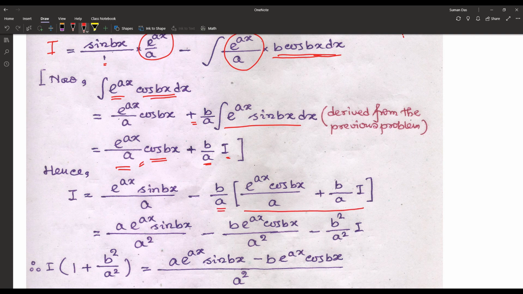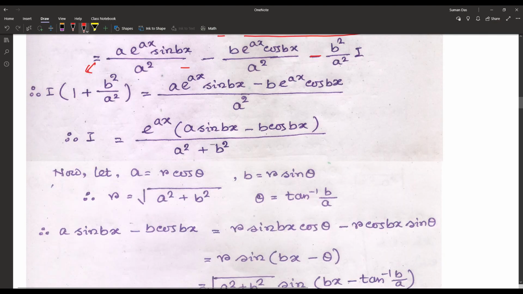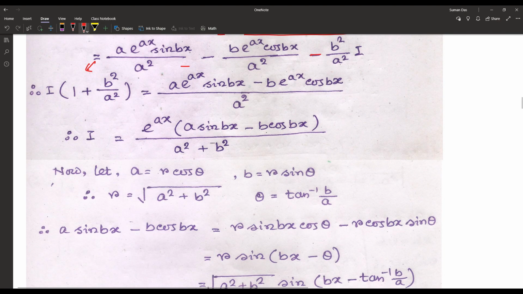So after calculation we get the result, and same as the minus b square by a square was there, we take it to the left hand side, and after calculation we get the first option of the formula: the integration of e to the power ax sin bx dx is equal to e to the power ax into a sin bx minus b cos bx divided by a square plus b square.